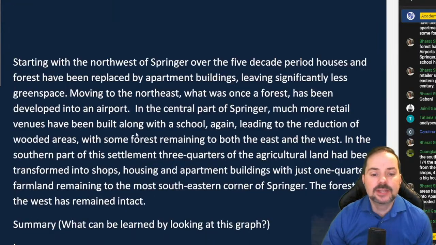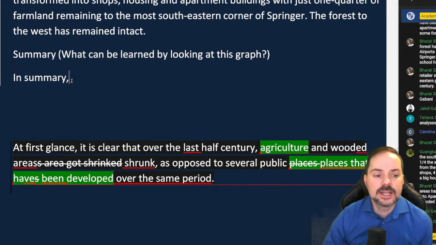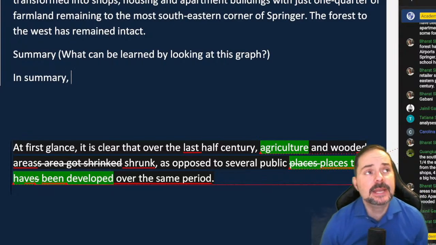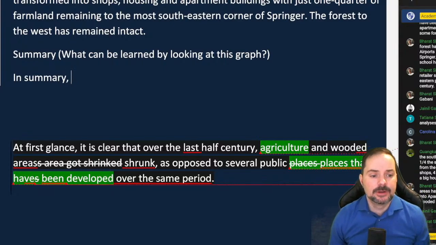Okay, just keep it, again, don't overthink the summary. It doesn't have to be complicated, but if you want to get a band 8, band 9, you should be thinking summary, right?